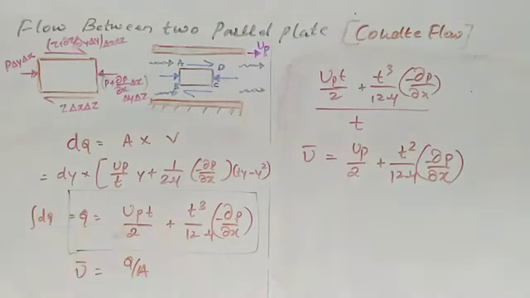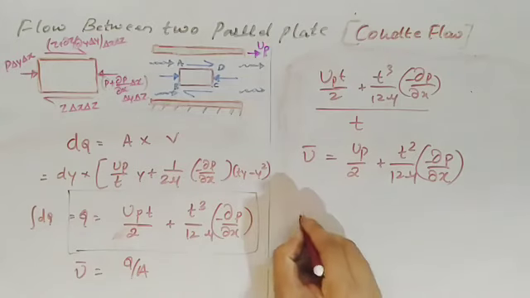Now this is the average velocity. Now we don't know where the maximum velocity is present. We have identified the velocity equation, but we don't know where the maximum velocity is. To find that, I need to differentiate the velocity equation with respect to y and equate it to 0.